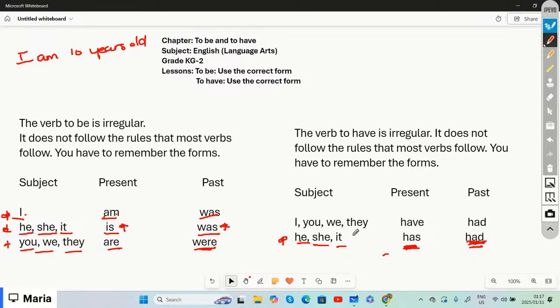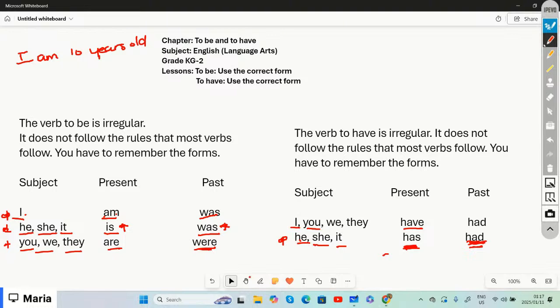And then if we refer to more than one person, including I, then you can say, I have the latest Nintendo. You have the latest something. We have, they have.